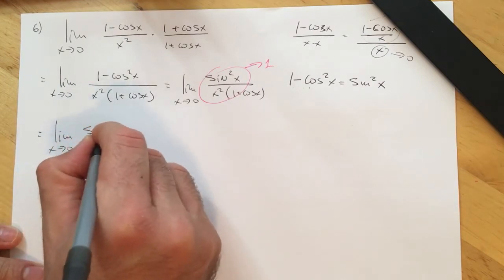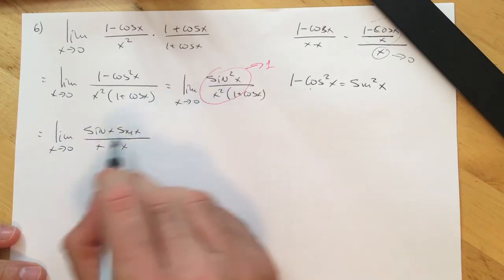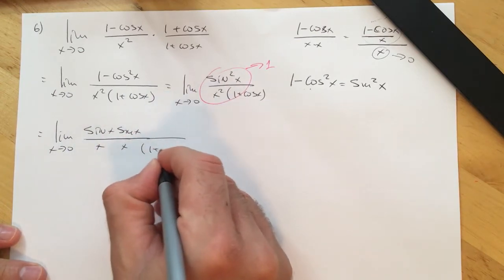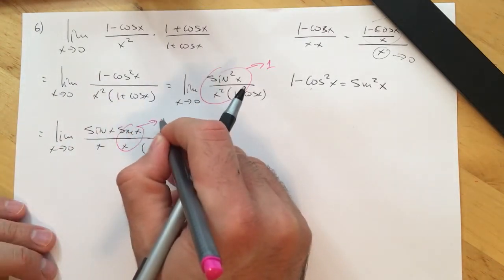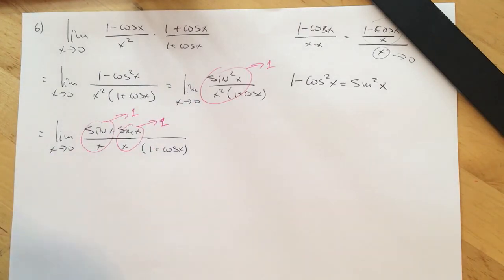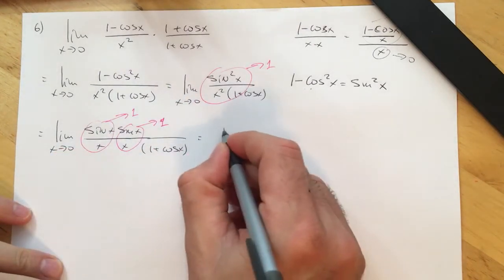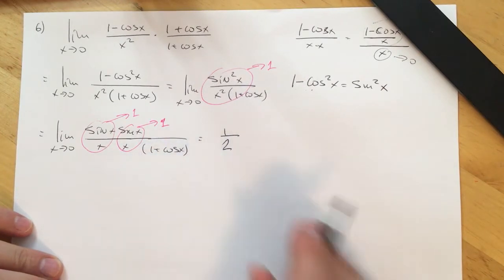That's sine of x times sine of x over x times x in the denominator, times 1 plus cosine of x. These two ratios are approaching 1. Use direct substitution and you get cosine of 0 is 1, so 1 plus 1 is equal to 2.